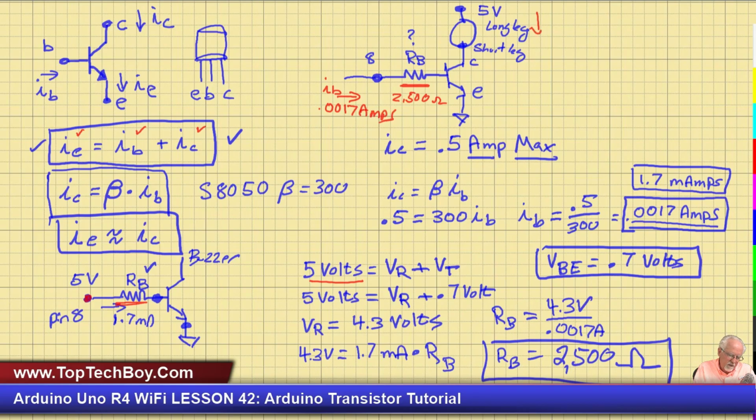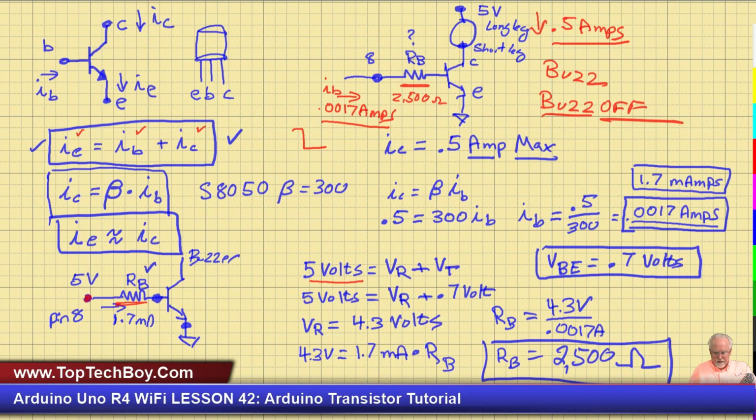And then the collector current is going to be 0.5 amps, which is safe. Now, if I turn pin 8 on, I get this current, and I get a buzz. If I turn the pin 8 off, there is no base current, so there will be no collector current, and so the buzz will be off.